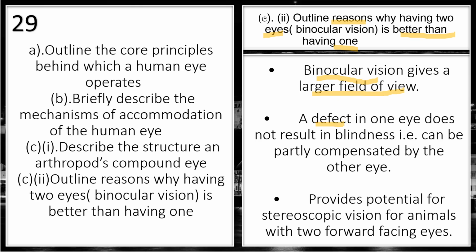A defect of one eye does not result in blindness, that is, it can be partly compensated by the other eye. It provides potential for stereoscopic vision for animals with two forward-facing eyes.